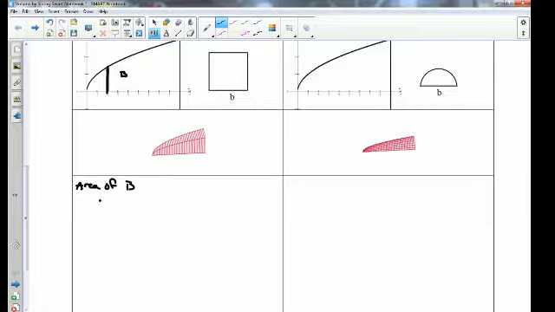The integral from 0 to 9 of f of x. Correct?